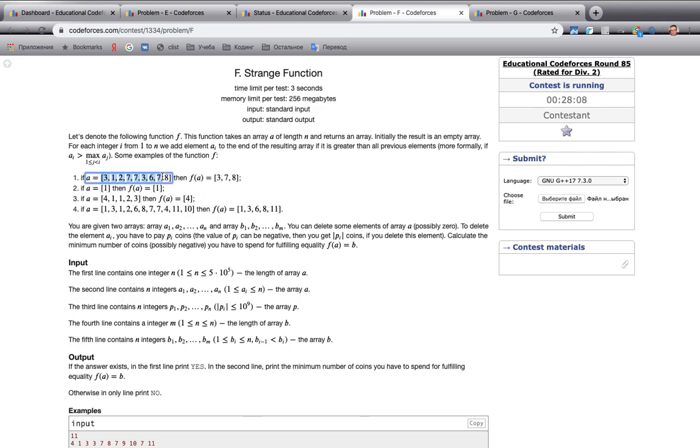So if we have this array, we will store the first element, then skip the next two because they are smaller, then we will record 7, then skip the next 4 because they are smaller or equal to the previous 7, and then we store 8.